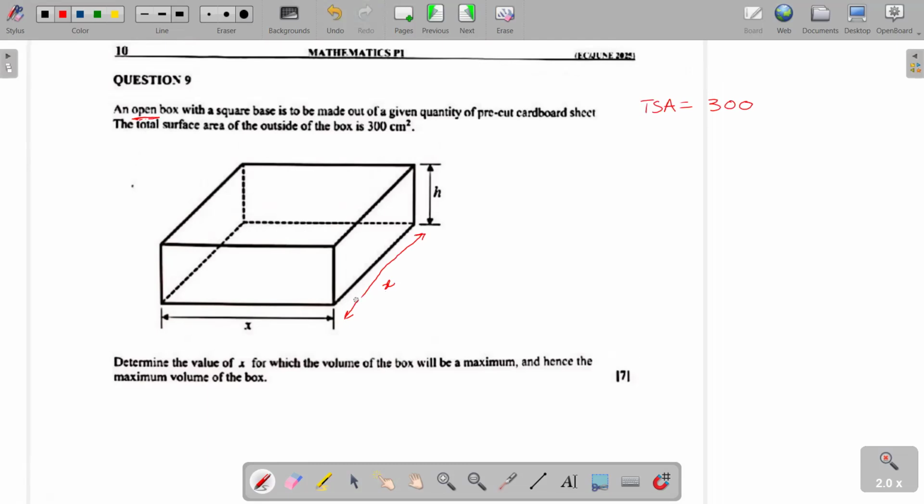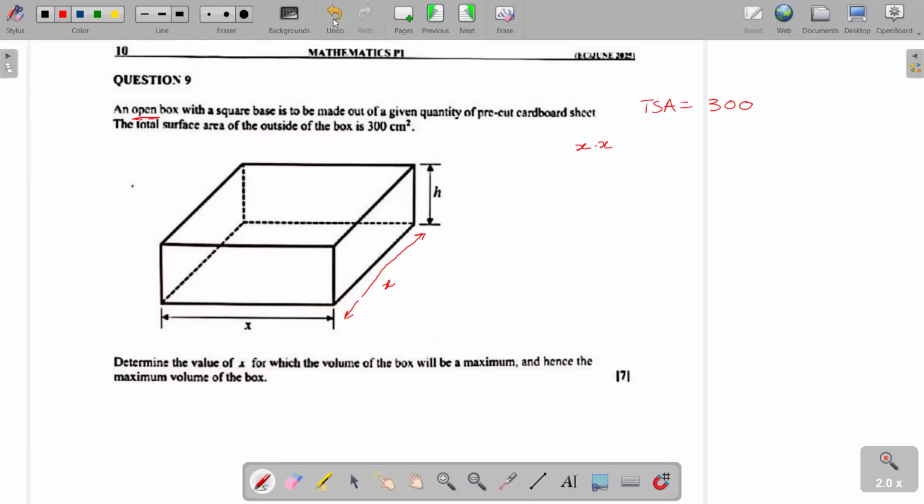So, to get the total surface area, we are going to get the area of the base, which is x squared, which is x multiplied by x.